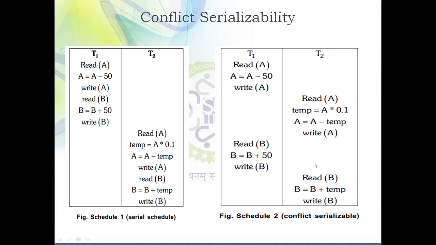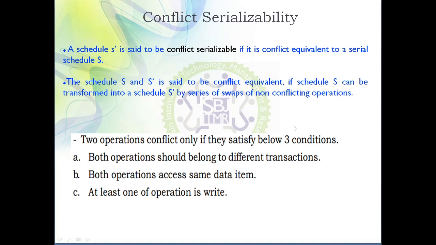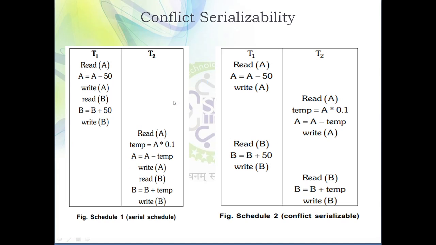Okay, so in this case we can say that schedule 2 is conflict serializable. Why? If schedule S can be transformed into schedule S dash by swapping non-conflicting operations, then we can say that this schedule is a conflict serializable schedule.